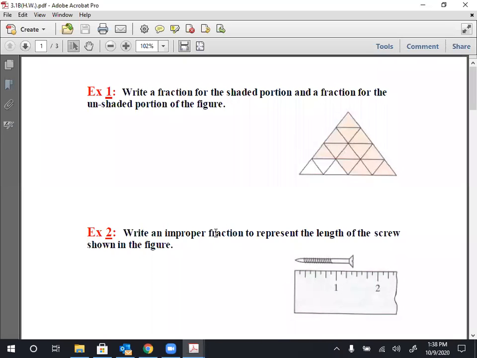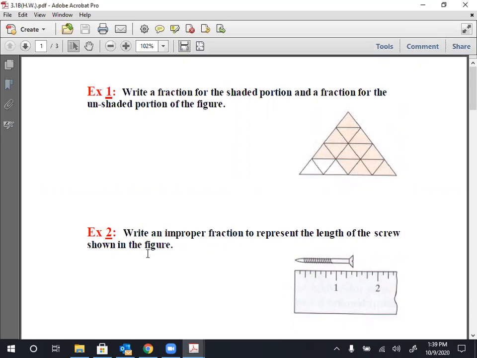So how many shaded portions do you have? 1, 2, 3, 4, 5, 6, 7, 8, 9, 10, 11, 12. I see 13. That's easy. The number one is easy. Okay. Number two is the one that looks complicated.